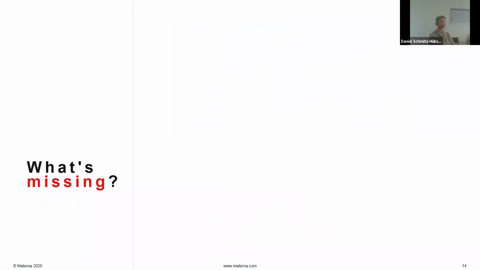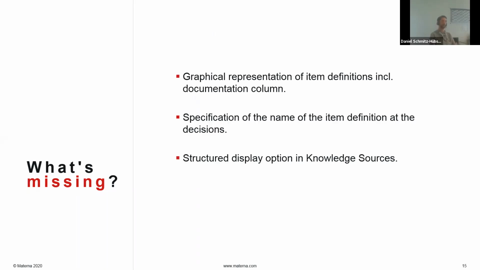So what's missing? And just to put it out there, it's not much, and most of the ideas are more things specific to the vendors of the modeling tools. So one thing, and that's more a general, let's say, problem, in my opinion, is the need for a graphical representation of item definitions.